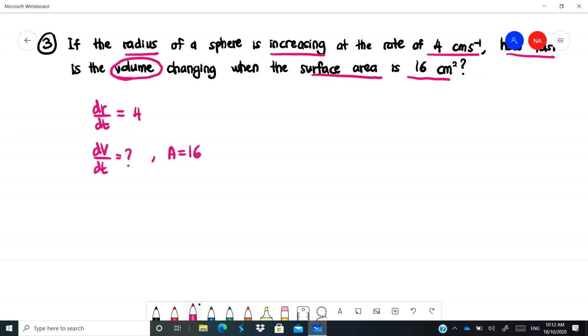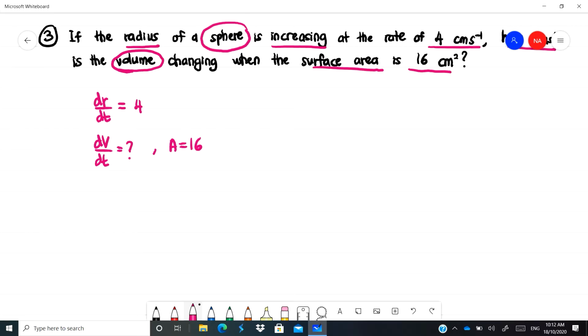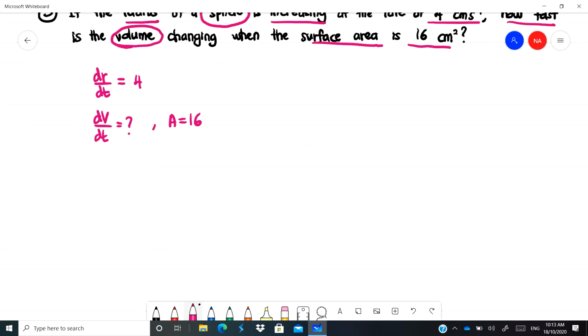So we have to know the shape is actually a sphere. So what do we call that? Volume and surface area of a sphere. This one you have to memorize. Sometimes the question gives the formula, but sometimes it doesn't, so you have to know this formula.